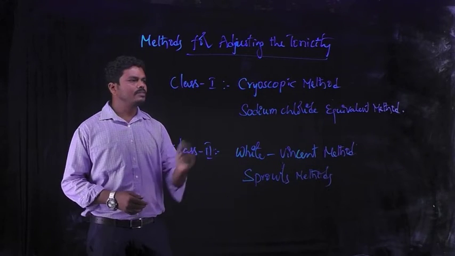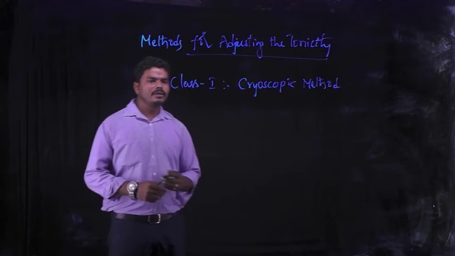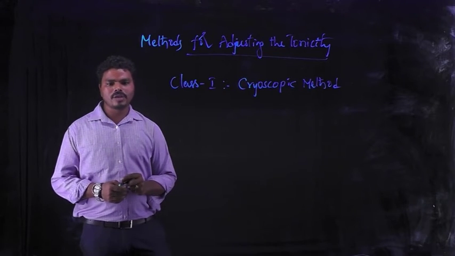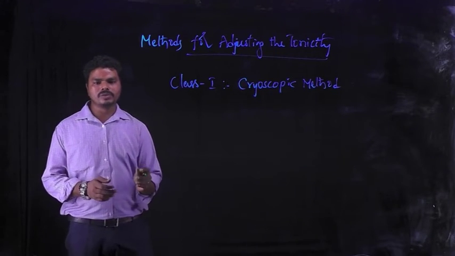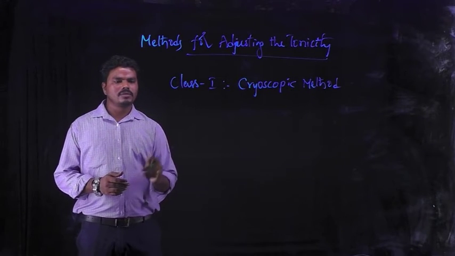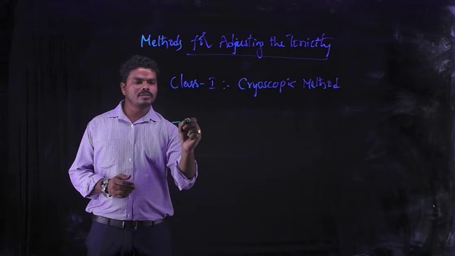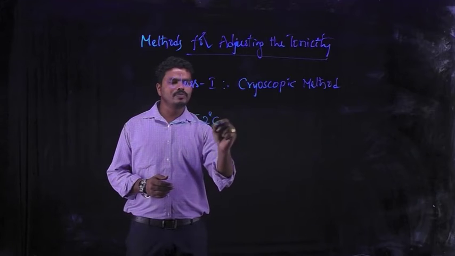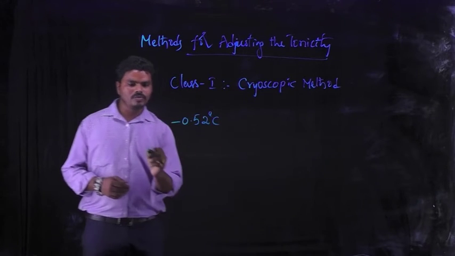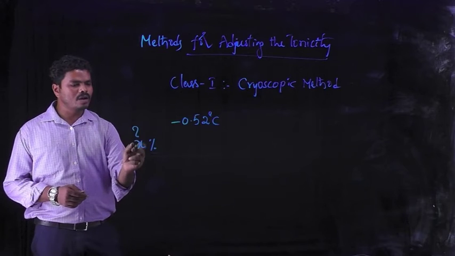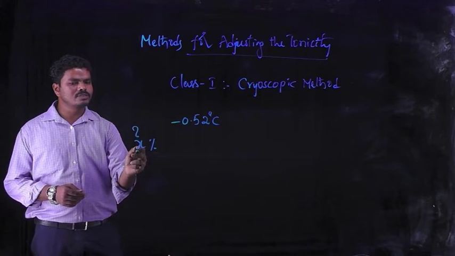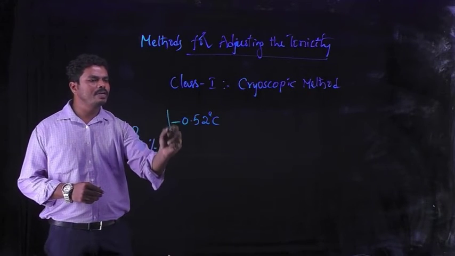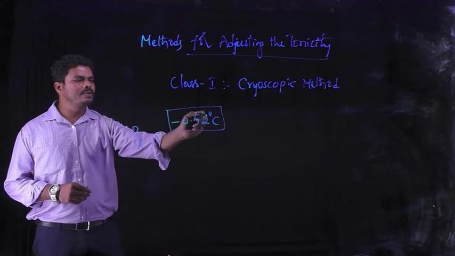So let us see one by one. In this method, we are going to determine how much amount of substance is required to prepare a solution having a freezing point of 0.52 degrees centigrade, the same as the freezing point of the blood plasma. So that means we are going to calculate how much percent of the substance or drug is added to the solution to produce a freezing point depression of minus 0.52 degrees centigrade. Why?